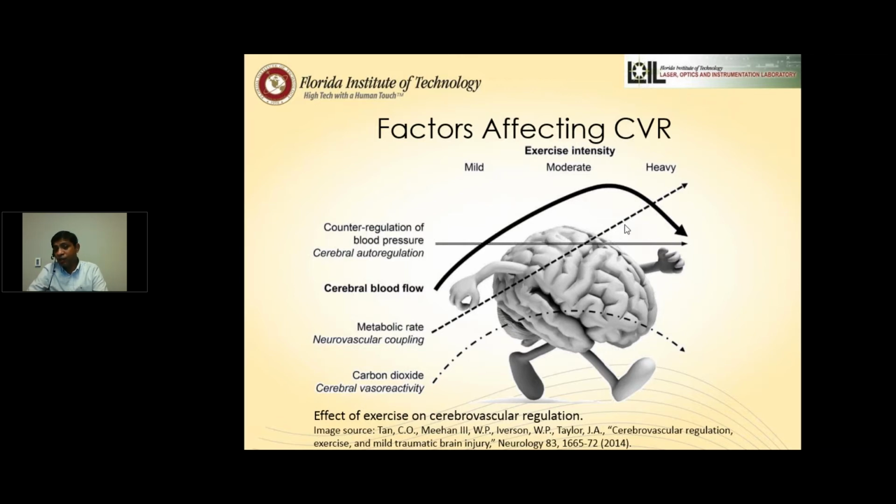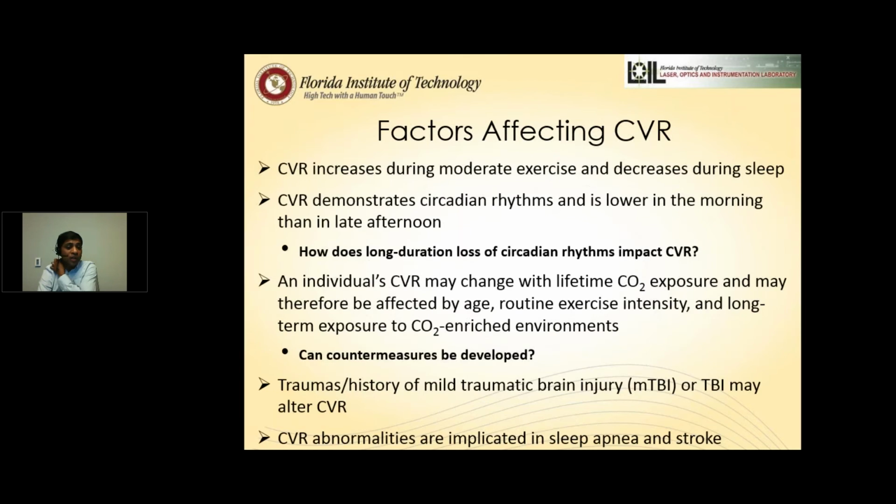When you do heavy exercise, you actually see a dysregulation, and your cerebral blood flow starts decreasing, because your body is not able to respond to the cerebrovascular changes. Again, this is a relative term. Mild, moderate and heavy exercise is based on your baseline value. So it's very important that we characterize the baseline value, and from there we can get a perspective on whether you are doing heavy exercise or any other conditions that can affect your cerebrovascular response.